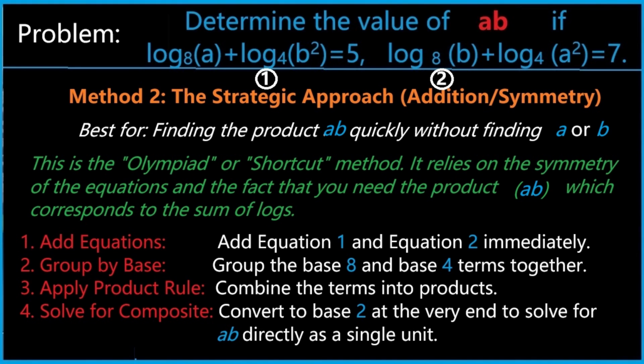Add equation 1 and equation 2 directly. Step 2. Group by base. Collect all base 8 terms together and all base 4 terms together. Step 3. Apply the product rule. Use the logarithm identity to combine each pair into a single product. Step 4. Solve the composite. Convert to base 2 only at the end and solve for ab as one unified quantity.